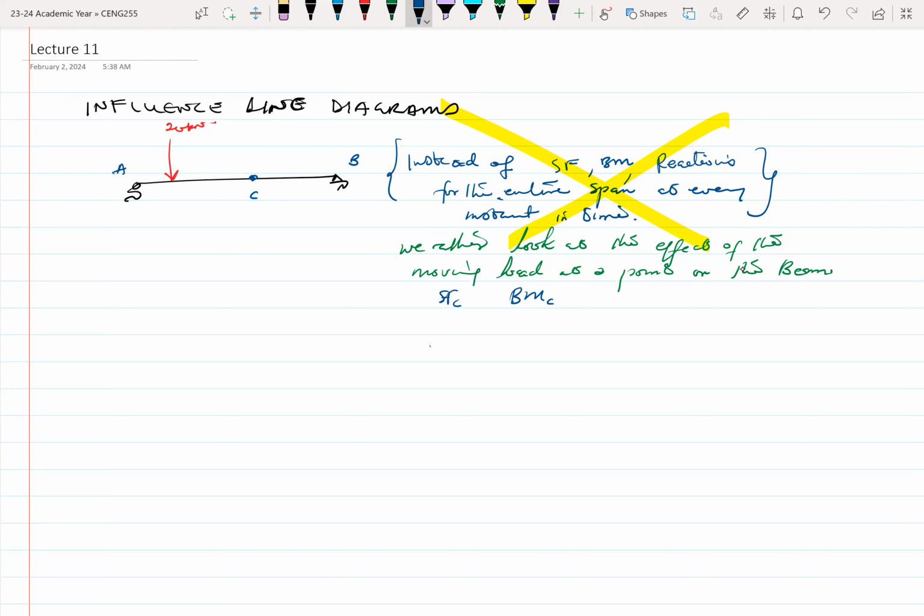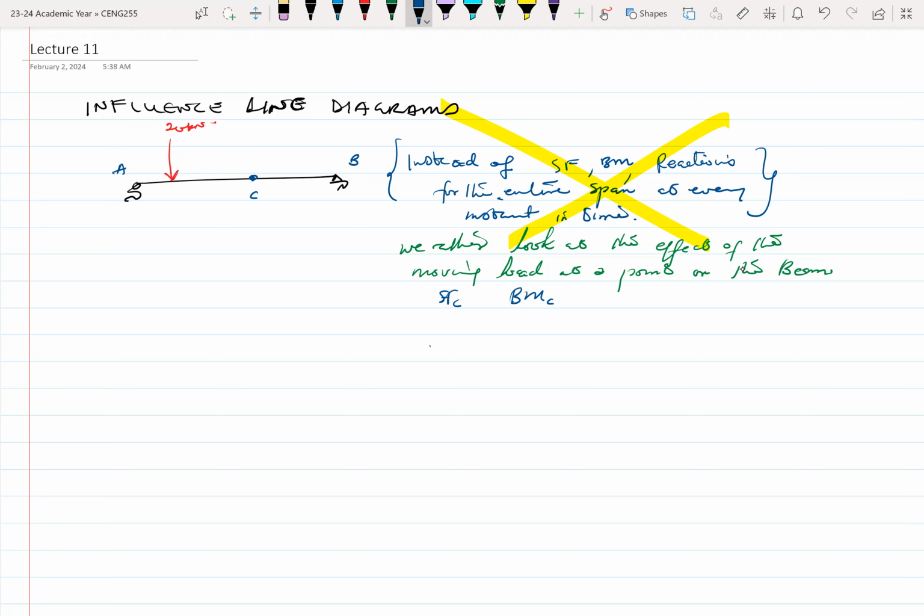When the load moves to some distance away from A, what is the bending moment at C? So at every point, we are looking at the effect on C. It can be C, it can be B, it can be A, it can be K. It can be any point, but we always pick a point at a time.